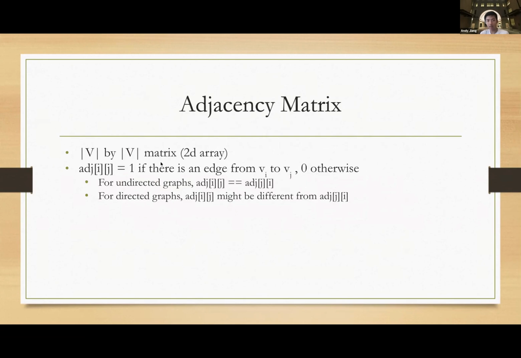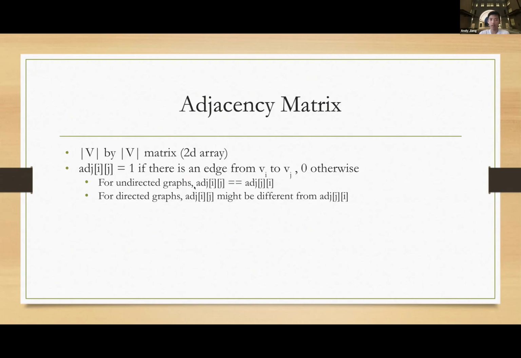An adjacency matrix is a V by V matrix, where V represents the number of vertices, and the cell at position ij is 1 if there's an edge from vertex i to vertex j, and it's 0 otherwise. 0 means there's no edge from i to j.